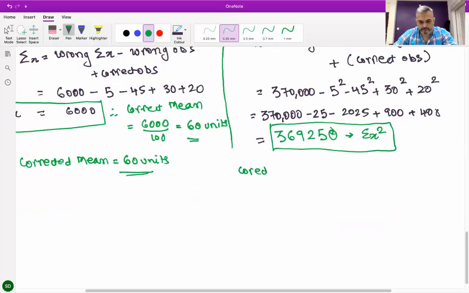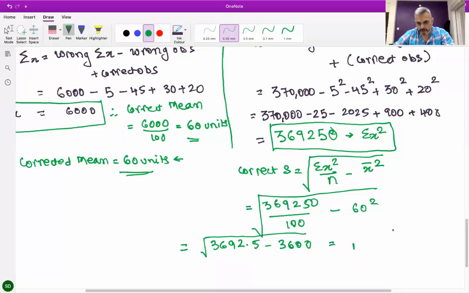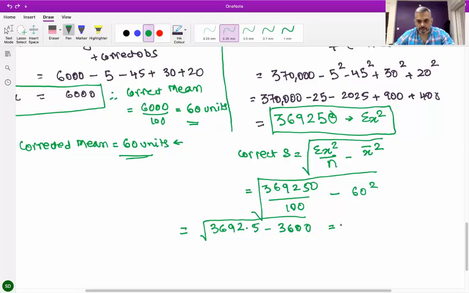So correct standard deviation is equal to square root of sigma x square upon n minus x bar square, correct mean square, which we have already found out over here, which is equal to 369250 upon 100 minus 60 square whole under root, which is equal to under root of 92.5 minus 3600... under root of 92.5, which is equal to 9.61769.